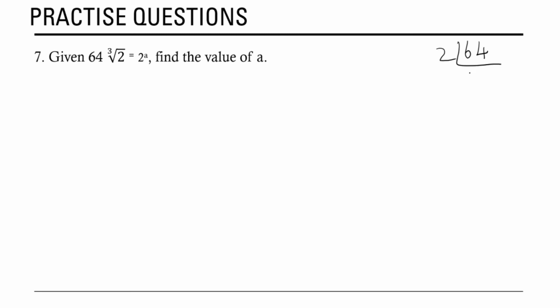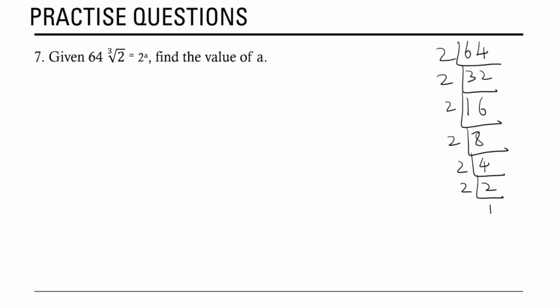So dividing by 2, 32. Again dividing by 2, 16. Dividing by 2, 8. Again I am dividing by 2, 4, 2, 2, 2, 1. So the value of 64 is 1, 2, 3, 4, 5, 6, 2 raised to 6.